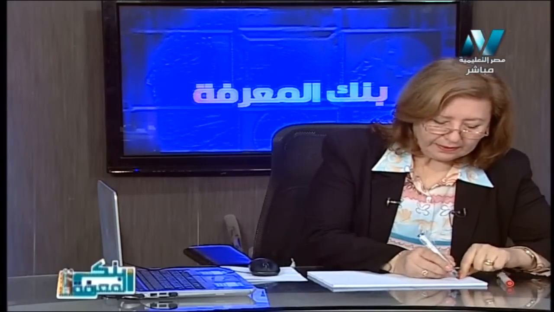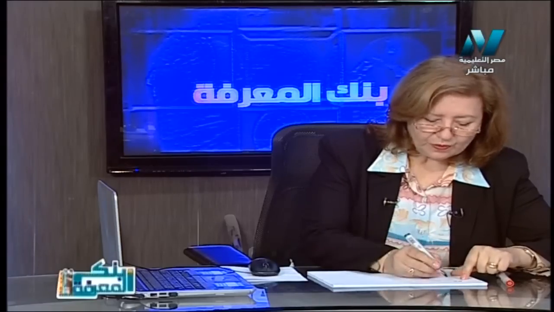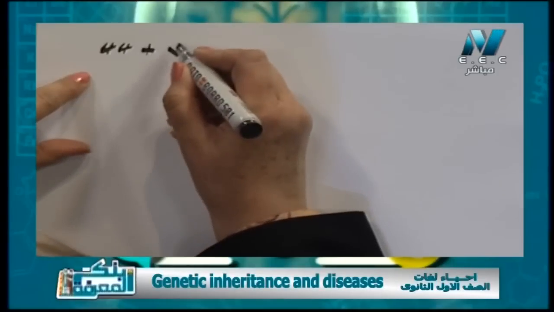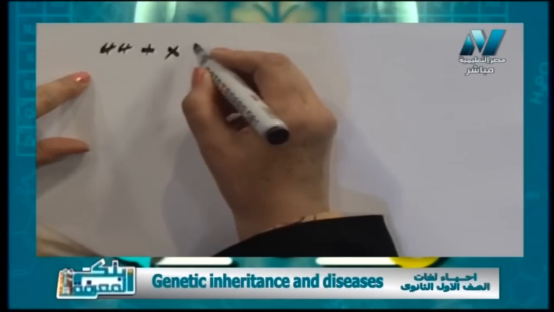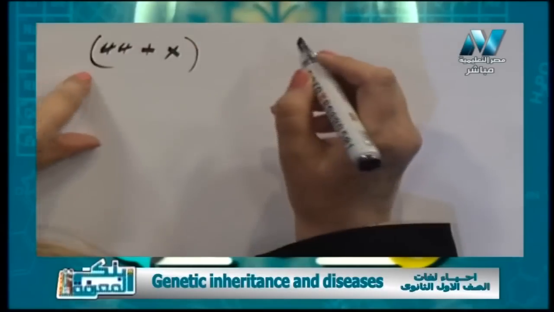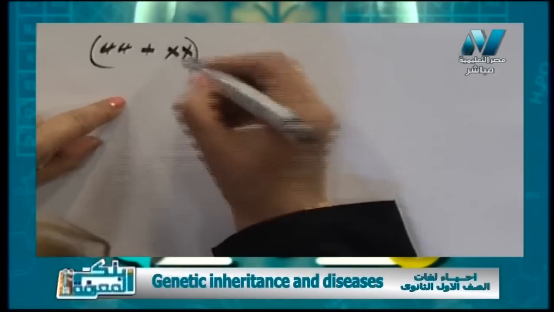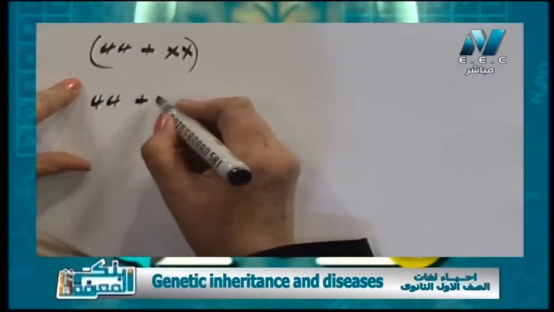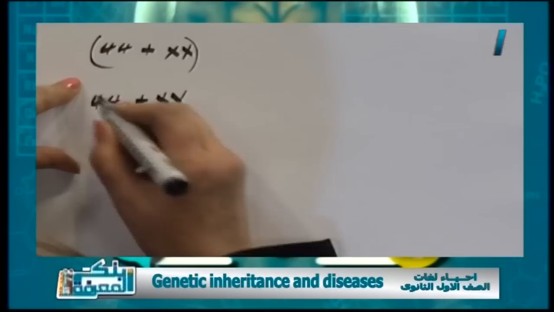Let's see how this case was formed. The female is 44 autosomes plus XX, and the male is 44 autosomes plus XY.